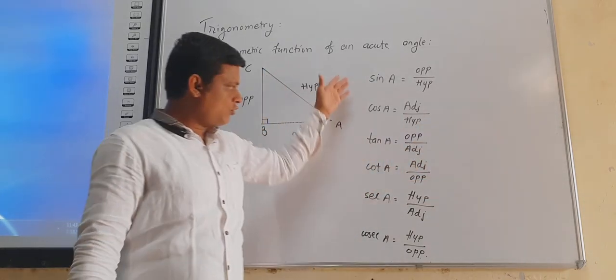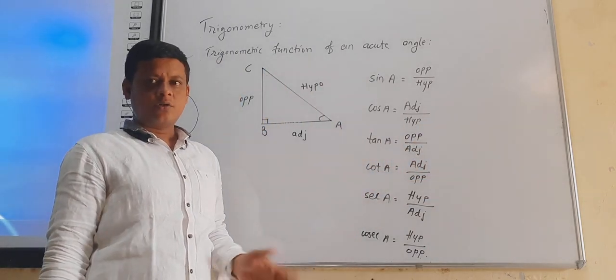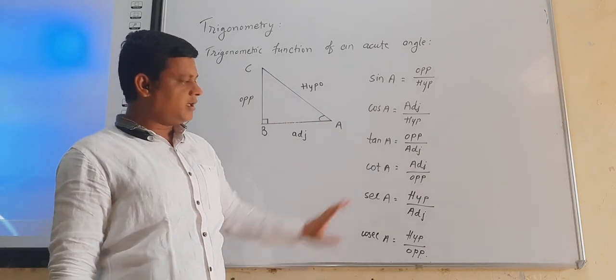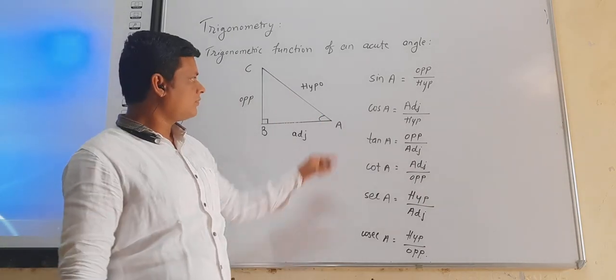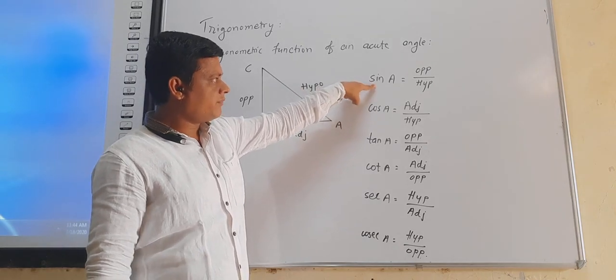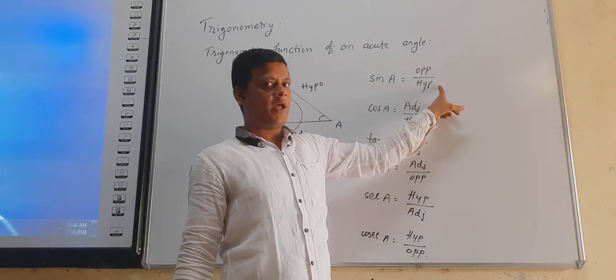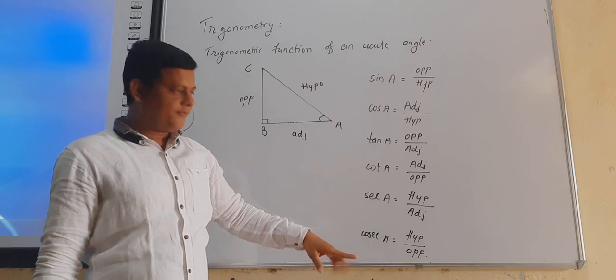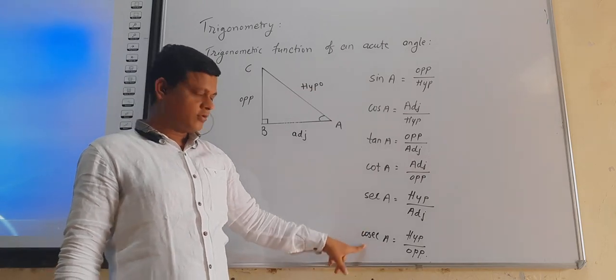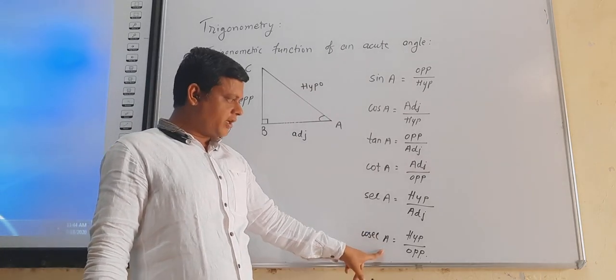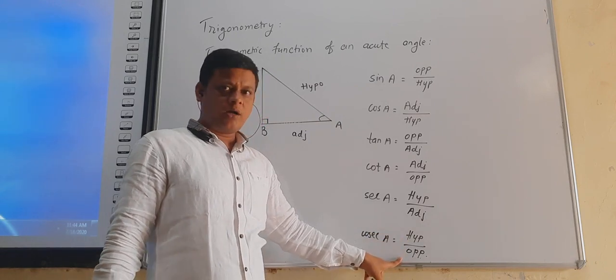Now, how to remember the remaining ratios? For that, you observe the ratios first. Now in sine A, ratio is opposite upon hypotenuse. Observe the last ratio, cosec ratio. In cosec ratio, hypotenuse upon opposite.